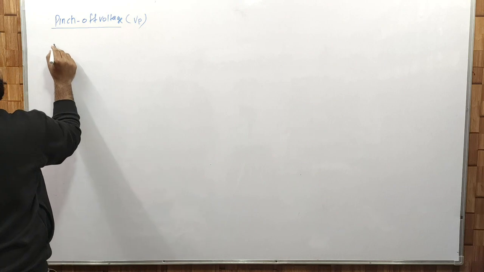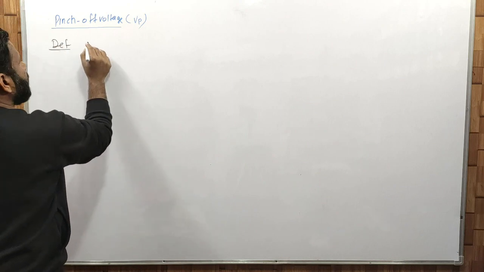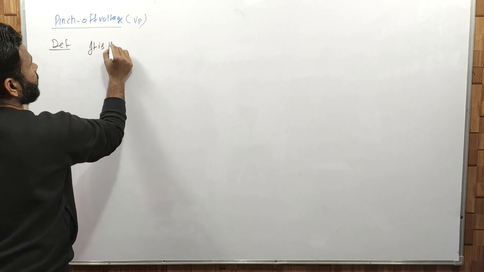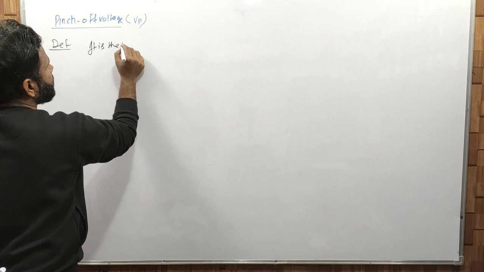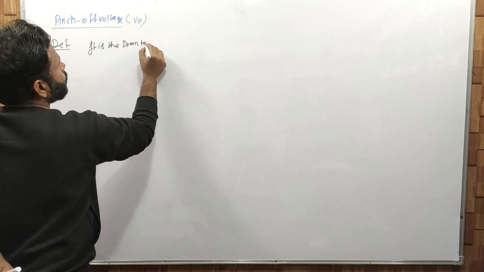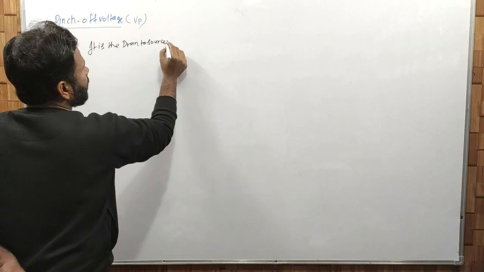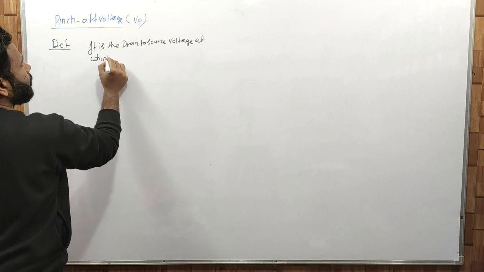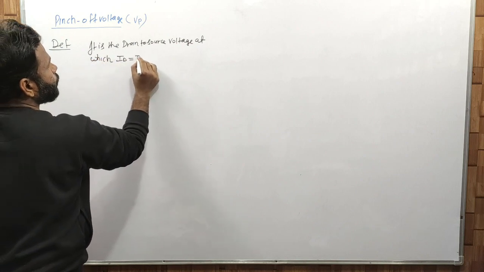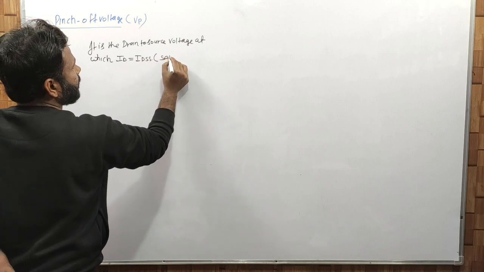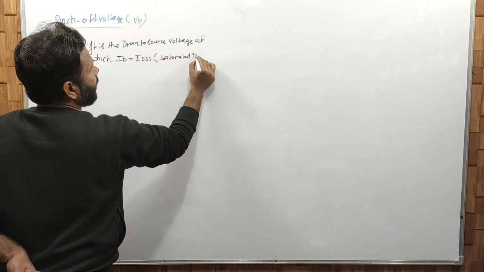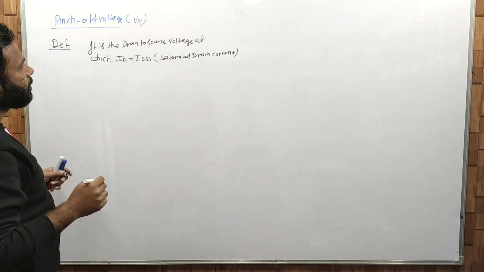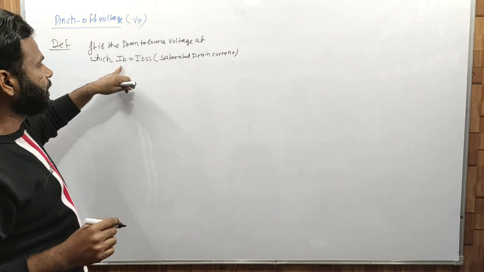The first definition: it is the drain to source voltage at which ID is equal to IDSS, that is the saturation or saturated drain current, as you saw in the output characteristic. So it is the drain to source voltage at which the drain current becomes saturated.